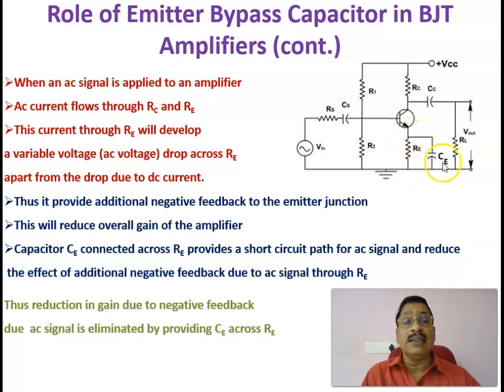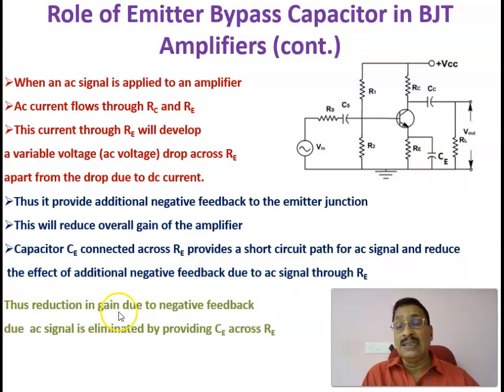But if you connect a capacitor like this, the AC signal will go through it, so that the drop across RE is only due to the DC component of the current, capital IE. Therefore, the negative feedback gets reduced, and the reduction in gain also gets reduced. That is why we are using an emitter bypass capacitor CE.